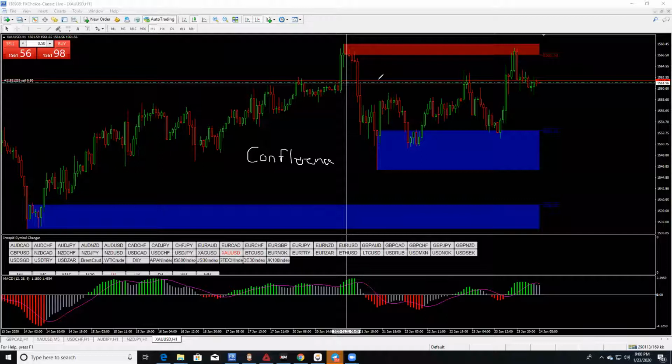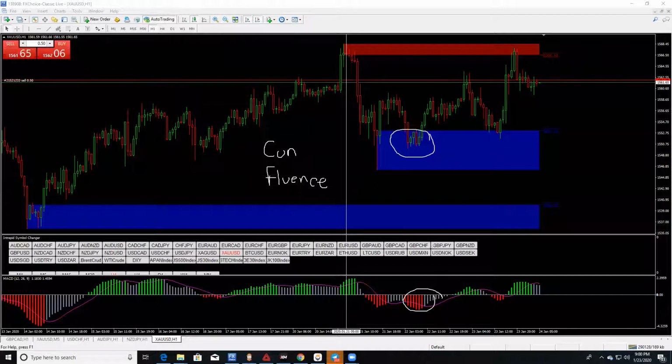Confluence simply means, and I want to make sure that you understand this, it simply means that what's happening up here is being confirmed down here. I teach indicators and others don't, but I teach indicators because I like confirmations.